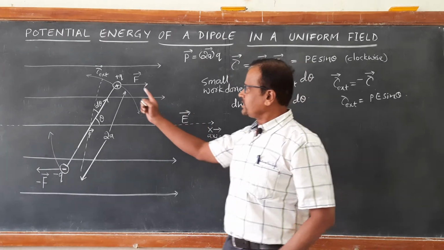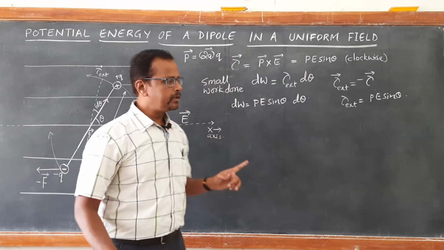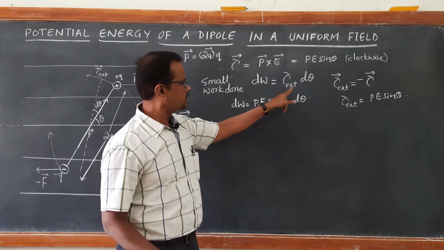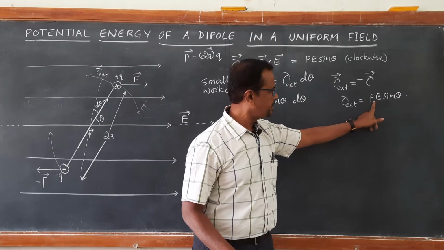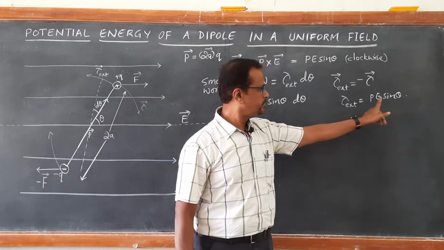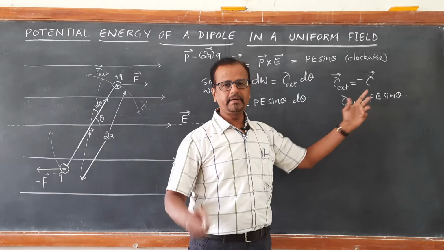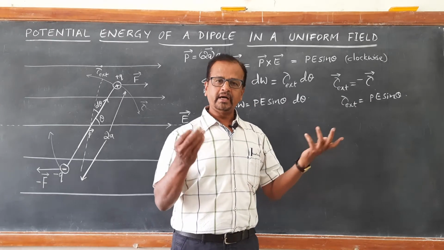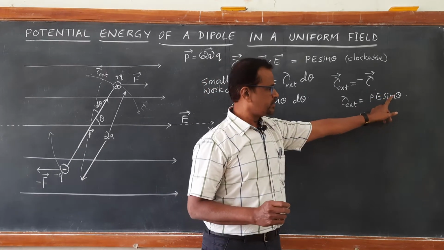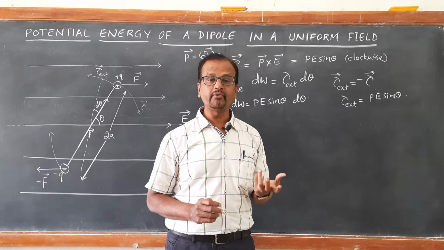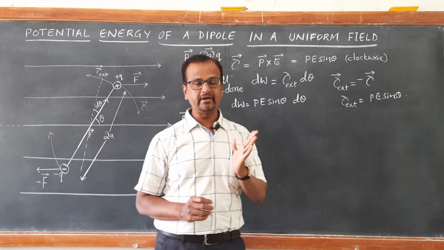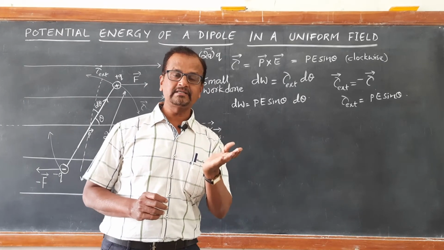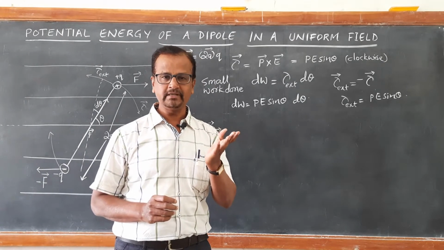The torque that we are exerting will not be constant. The torque will be depending on Pe sin theta. P, the dipole moment, is always constant, the electric field is uniform and also constant. The only changing value is the angle of orientation. As the orientation angle of the dipole with respect to the electric field changes, the torque exerted should also change, right?